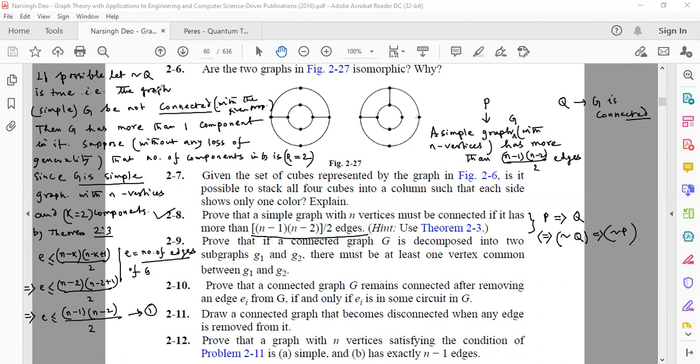But if I assume that the graph is not connected, then we are actually getting this result, which violates the given property for the graph G. And if it is getting violated, that means not P is true.